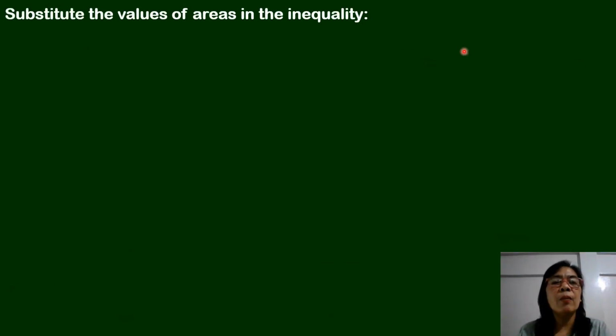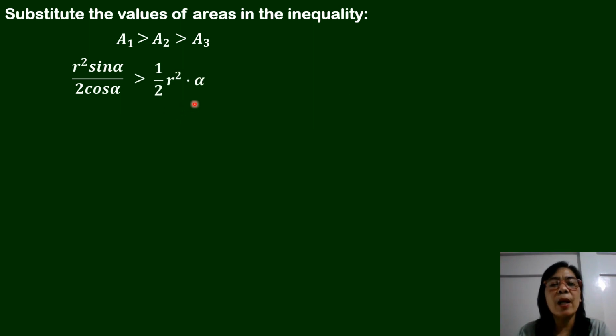Going back to the inequality, A sub 1 is greater than A sub 2, which is greater than A sub 3. Substituting the values, that will give us R squared sine alpha over 2 cosine alpha is greater than 1/2 R squared times alpha, which is greater than 1/2 R squared sine alpha times cosine alpha.